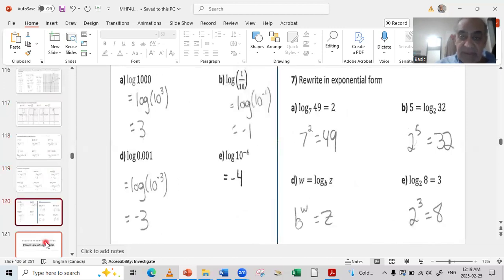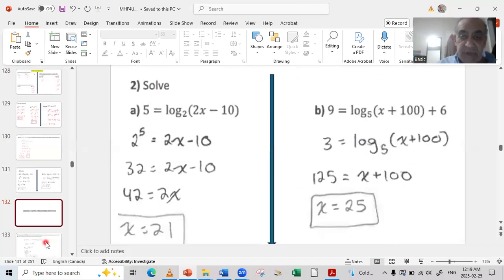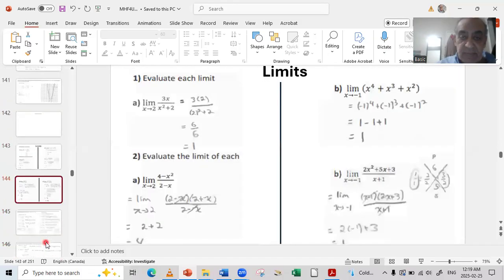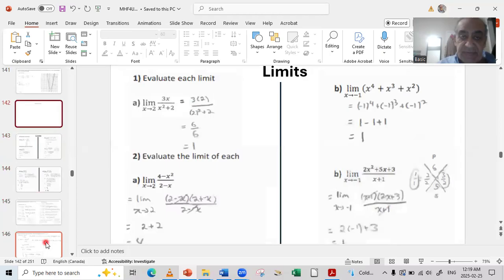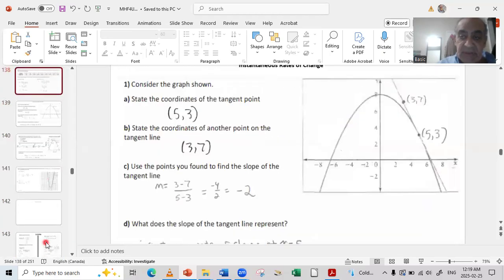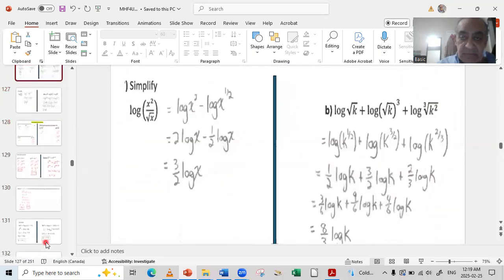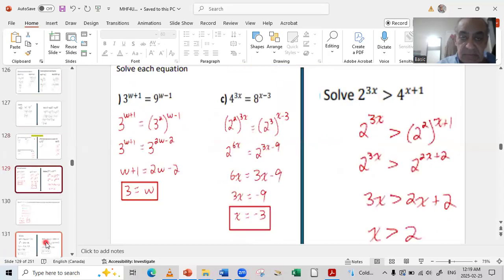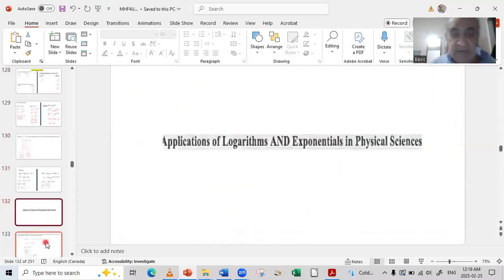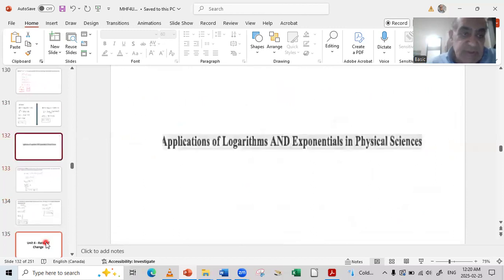Here we go back. This is a repeated part of the power of the logarithm, which we are done with. And this is the rate of change, which I just explained.